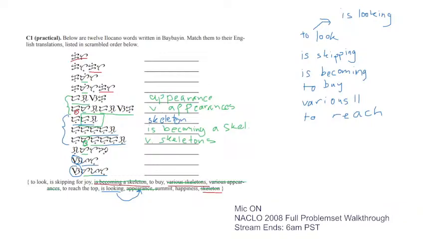So anything plural here? No. To look, is skipping for joy, to reach the top, to buy, summit, happy. So it could be a verb indicator as well, but it's not verbs. None of these are verbs. None of the ones with the underline are verbs, and appearance is not a verb either. We have to remember that it could be read this way as well, or it could be read this way.